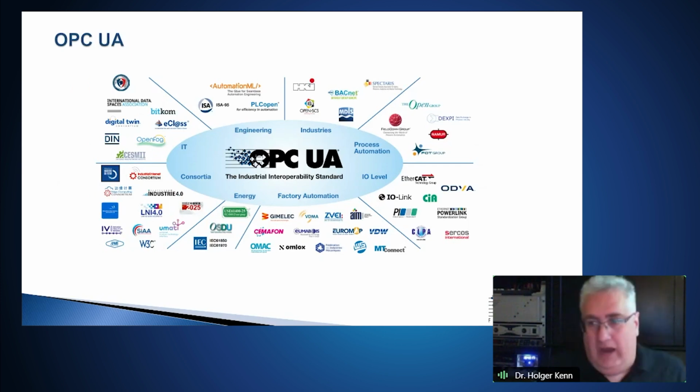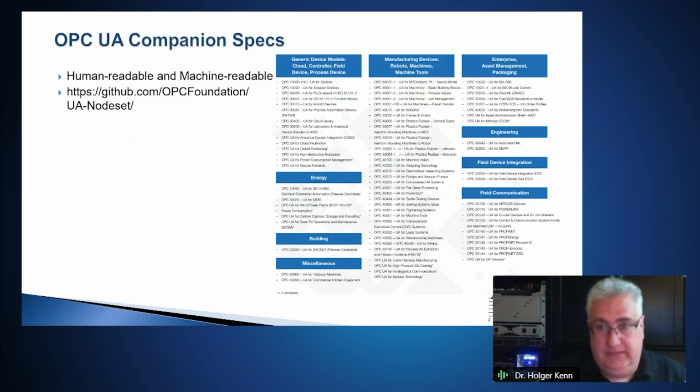So how does OPC UA help in all of this? Well, the interesting part here is just the breadth of information that is available in some form to OPC UA. And the most important aspect of this are the companion specs, because those companion specs actually not just contain the way how OPC UA can be used in the domain, but it also contains a lot of domain knowledge. It basically has the information on how people in a certain domain would actually go and talk about a certain thing.